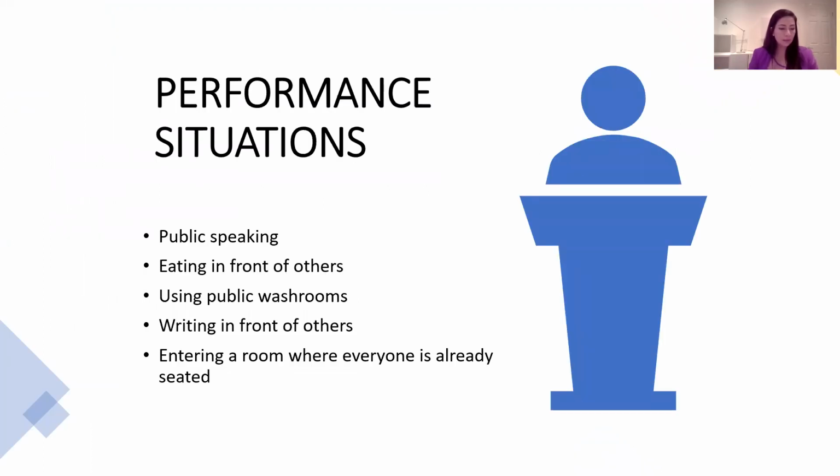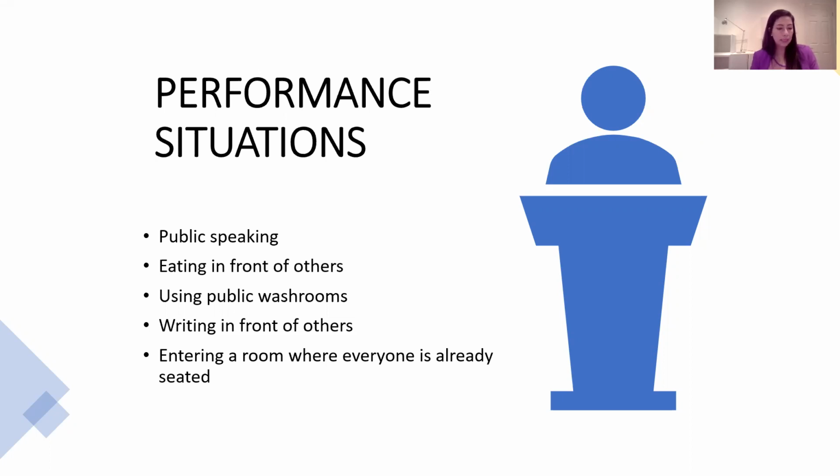So, like we said, there are many social situations. There can be performance situations or interpersonal interactions. So, in terms of performance situations, these are where people feel that they're being observed by others. And this can be public speaking, so presenting at a meeting.